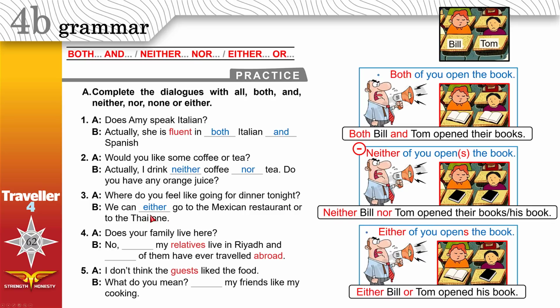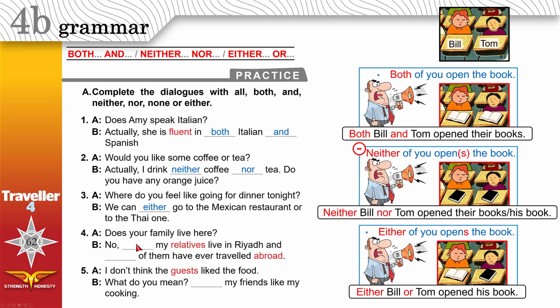Thai means from Thailand. Does your family live here? No, my relatives live in Riyadh. Relatives means members of my family. And none of them have ever traveled abroad to a foreign country. What will we use? All or none? We can't use none here because you can't say none my relatives.